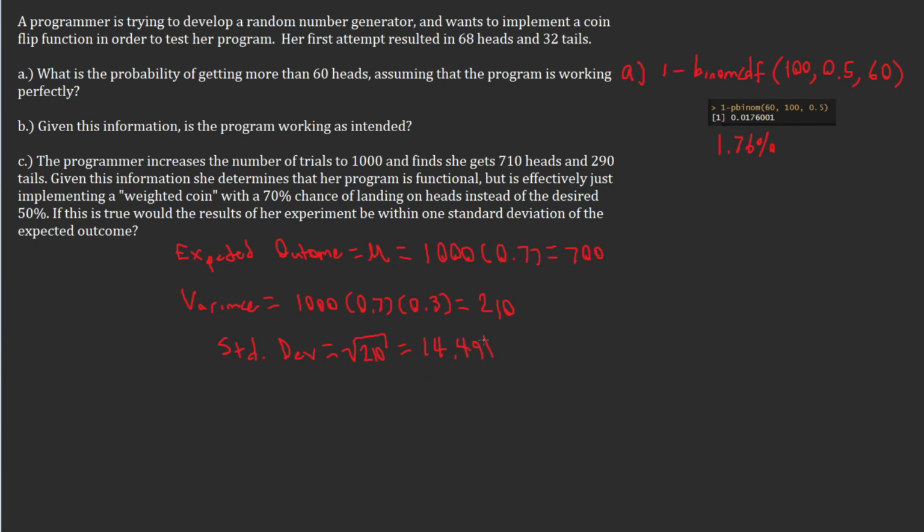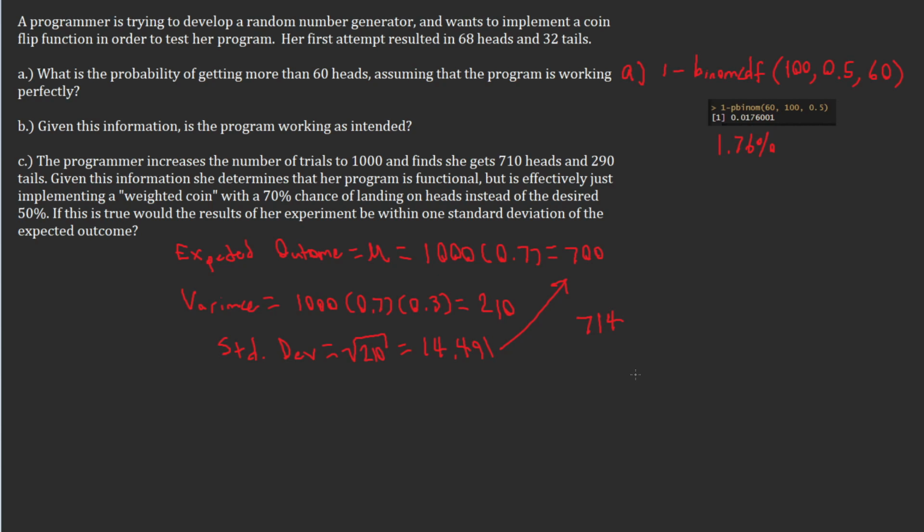14.491. And so when we're asked here, is 710 heads the result of her experiment within one standard deviation of the expected outcome? Well, one standard deviation away from this expected outcome would be 714. That would be within one standard deviation. You can't have 714.491 heads.